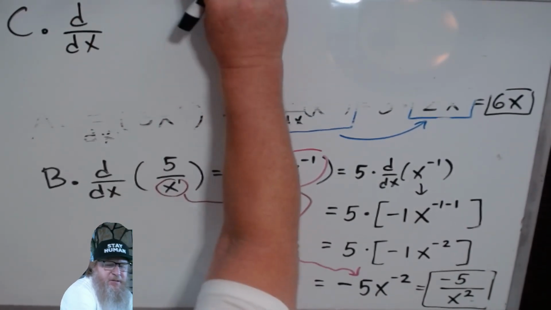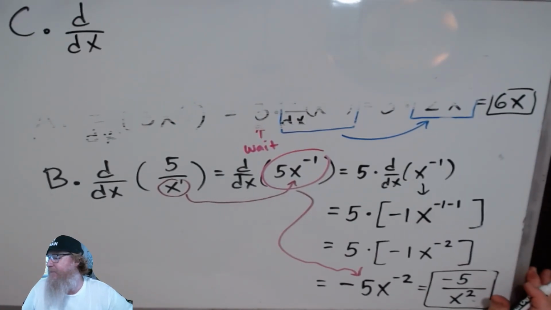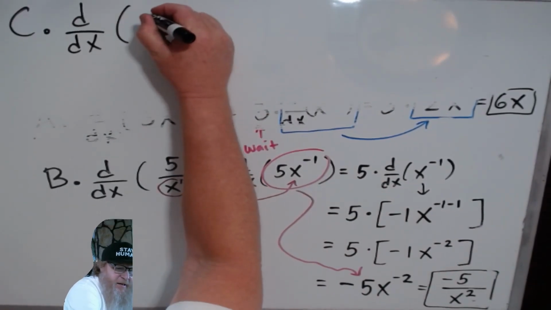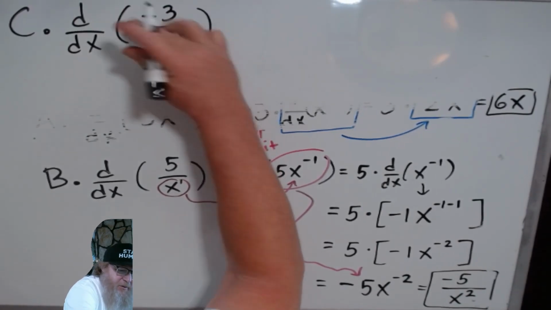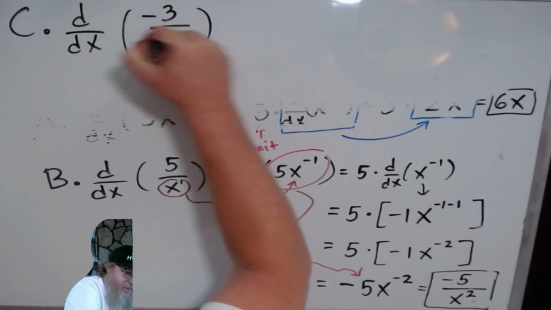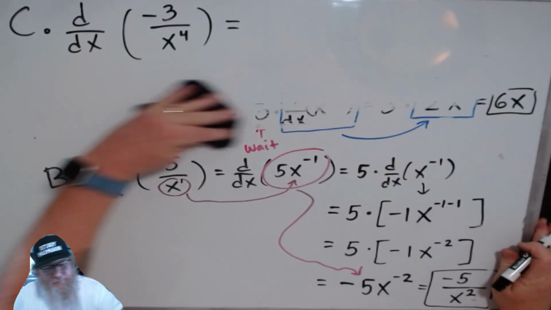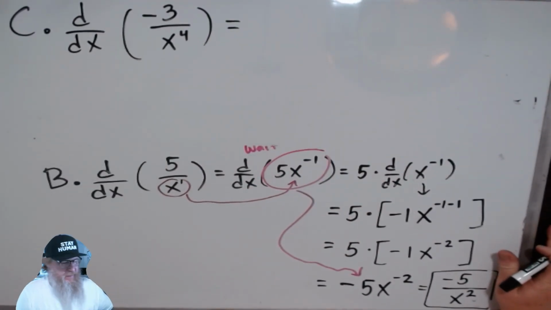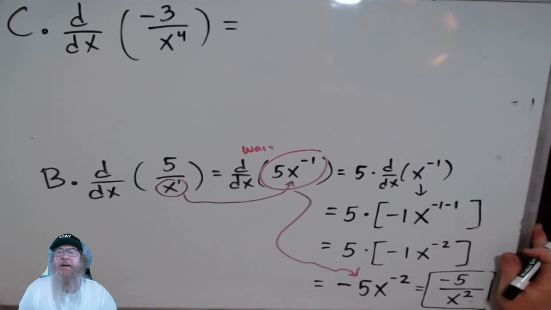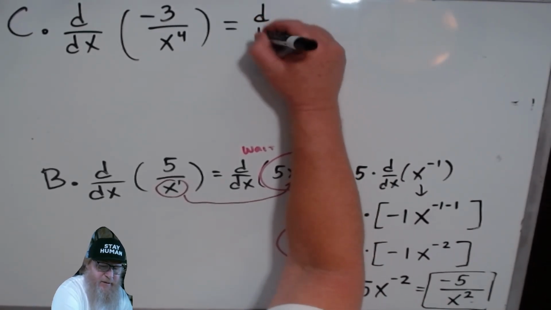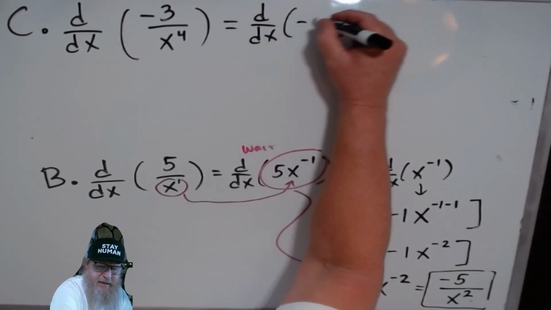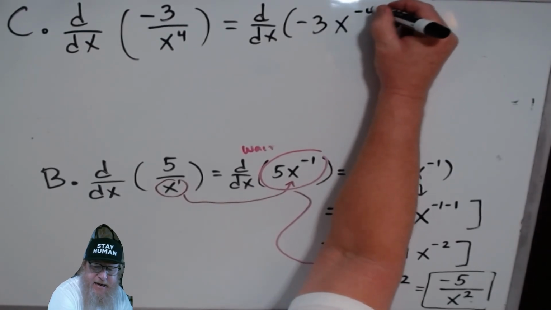So let's do part C. The derivative of -3 over x to the 4th. So that's going to be the derivative of -3x to the -4.